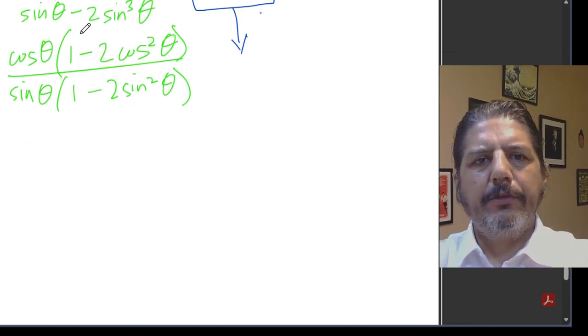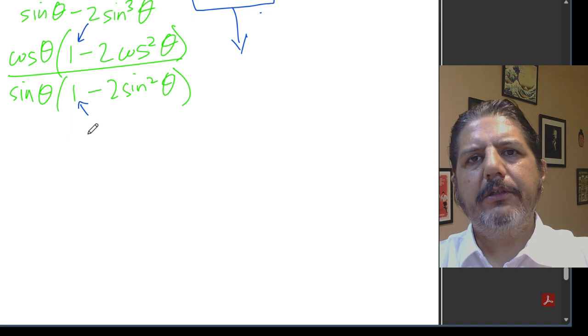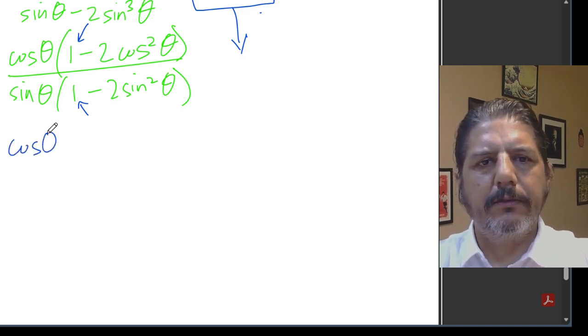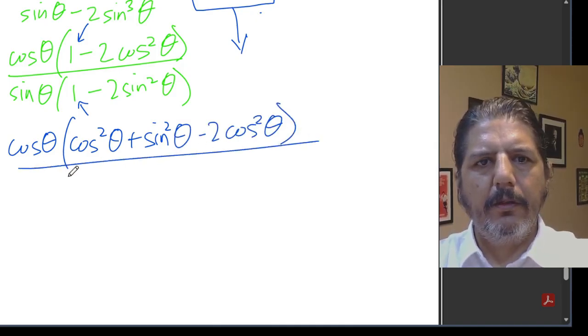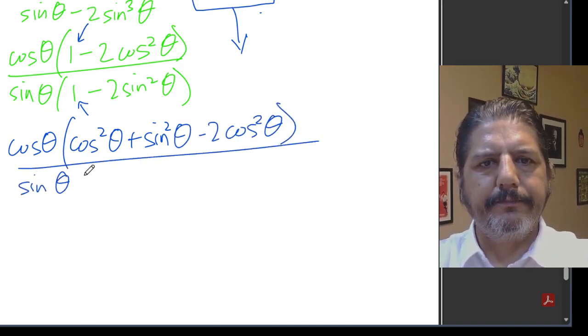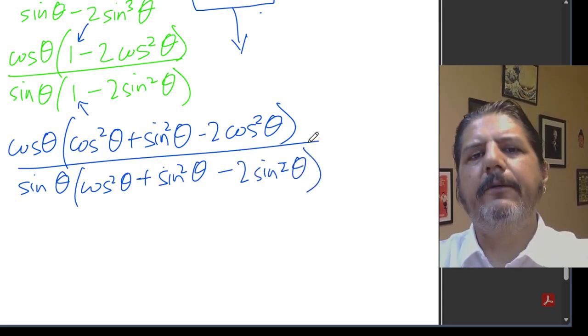Now this one and this one, I will write this 1 as sin²θ plus cos²θ. So cos theta into sin²θ plus cos²θ minus 2 cos²θ, on sin theta into sin²θ plus cos²θ minus 2 sin²θ.